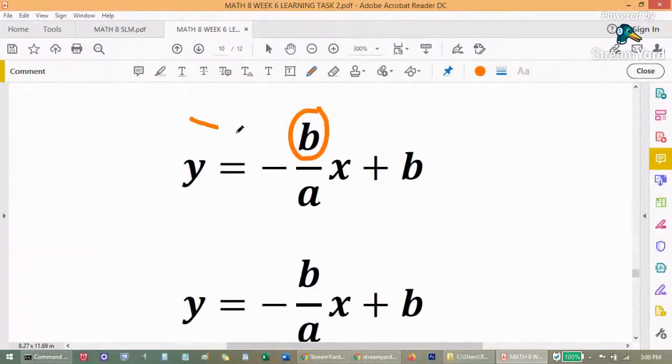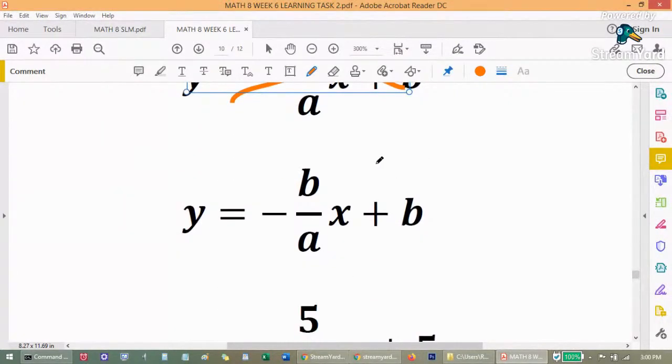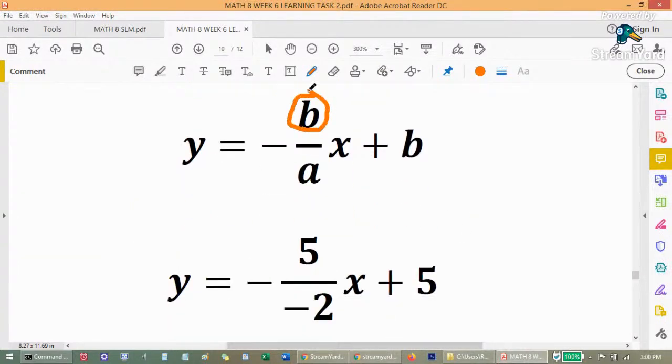Doble ang formula, no? Ito yung formula. So, itong b na to magiging 5. Itong b na to magiging 5. Okay, pag positive, walang problema, no? Hindi na naglalagay ng mga parenthesis.